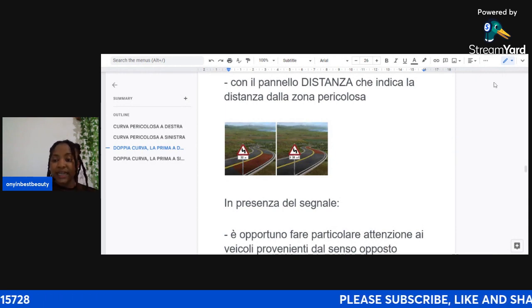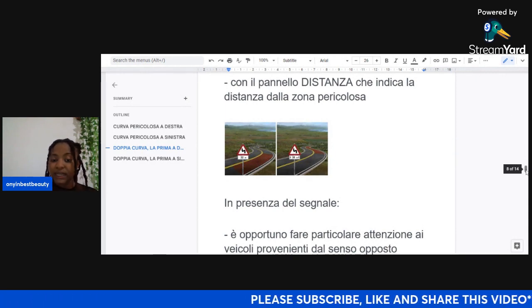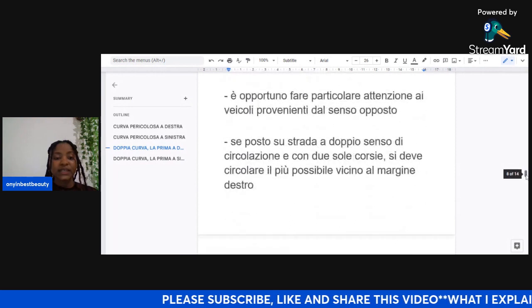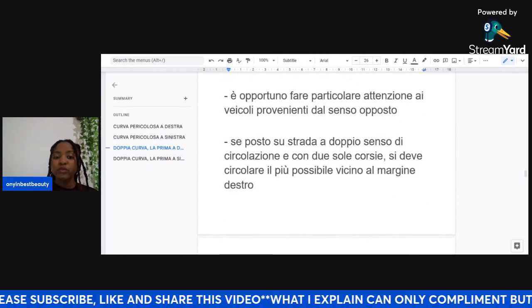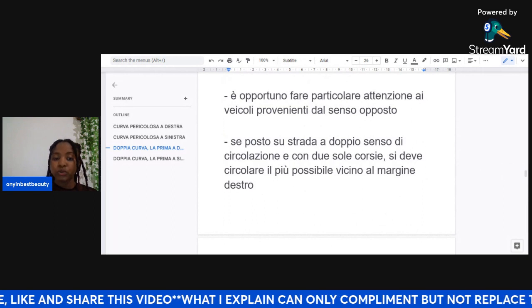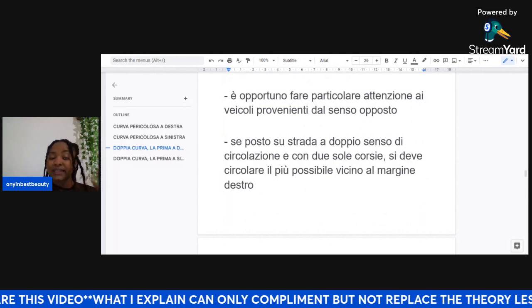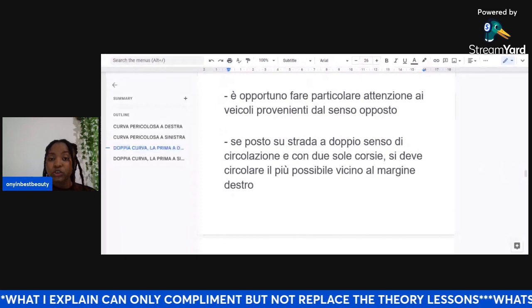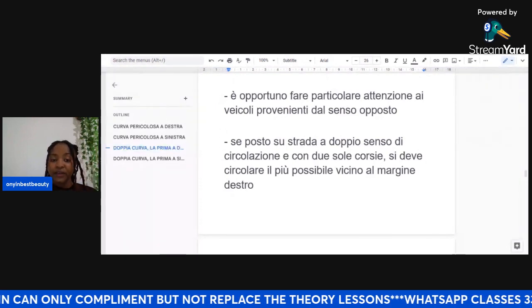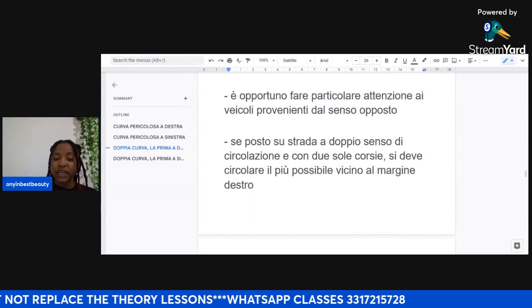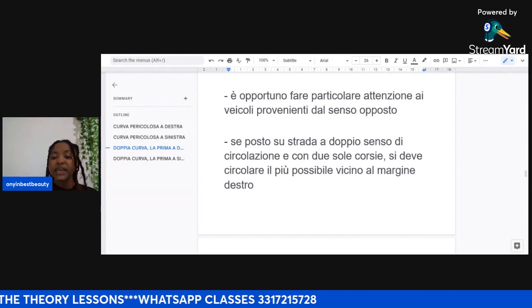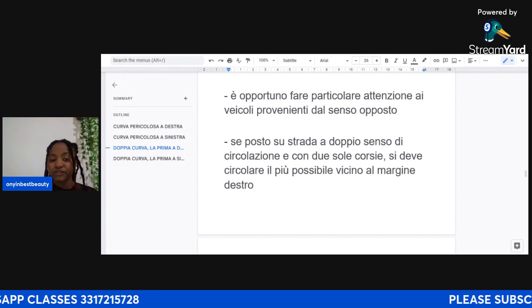In presenza di segnale, now in the presence of this particular signal, è opportuno fare particolare attenzione ai veicoli provenienti da senso opposto. Now it's opportune to pay particular attention to vehicles coming from the opposite direction. Se posto su strada a doppio senso di circolazione e con due sole corsie, si deve circolare il più possibile vicino al margine destro.